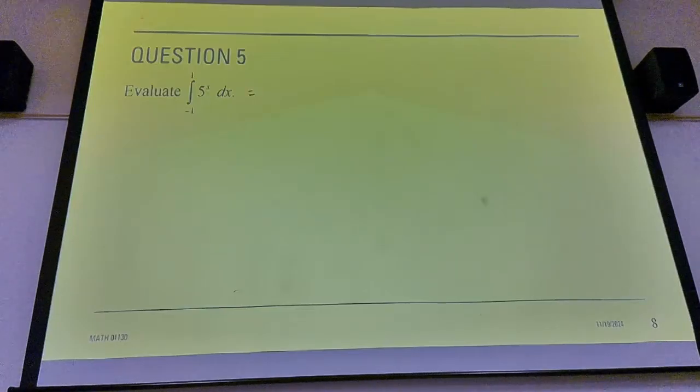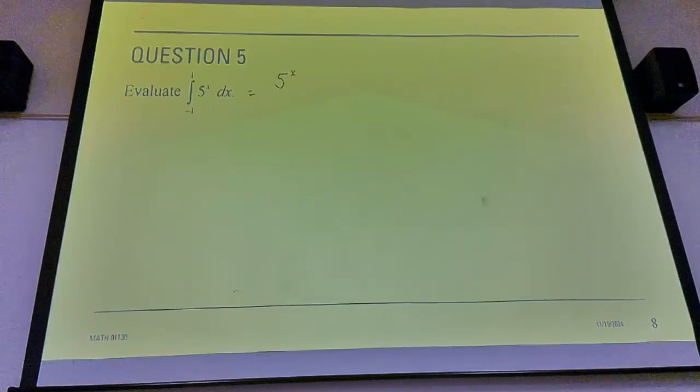Antiderivative, 5 to the x. What is it? 5 to the x over ln 5 plus c.